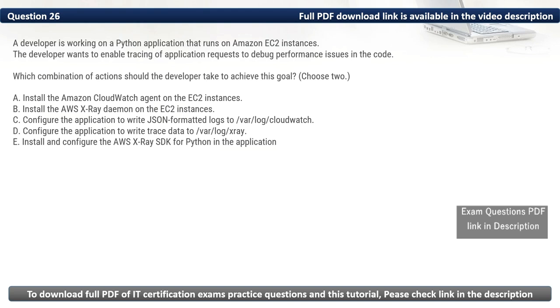Question 26. A developer is working on a Python application that runs on Amazon EC2 instances. The developer wants to enable tracing of application requests to debug performance issues in the code. Which combination of actions should the developer take to achieve this goal?